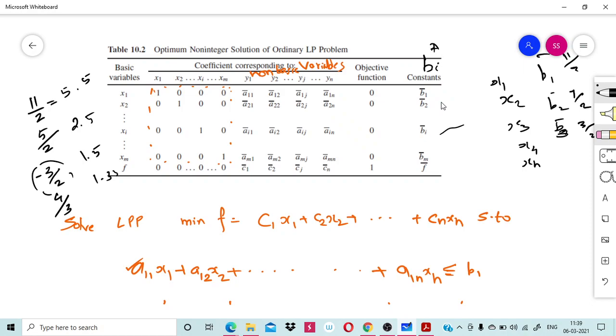Here the maximum fractional value happens to be this 5.5. So you choose that corresponding row, and suppose this 11 by 2 is b1 bar. The row corresponding to this is the row for our basic variable x1, so you have to choose this basic variable.